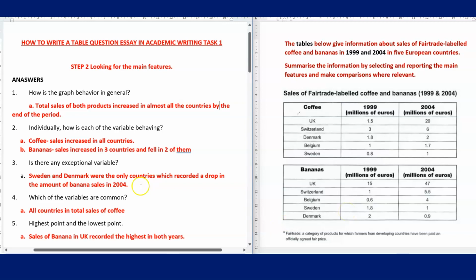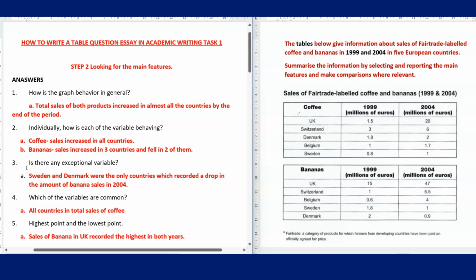All right, so the second question is, individually, how is each of the variables behaving? So we know that in coffee, the sales increased in all the countries. Banana, sales increased in 3 countries and fell in 2 of them. All right, so we have that answer, and I believe out of what we have studied, you understand.